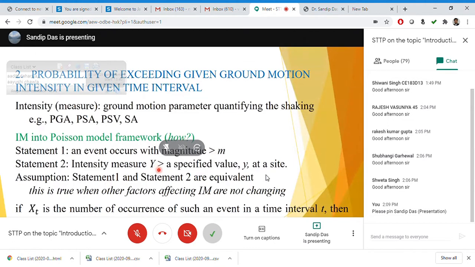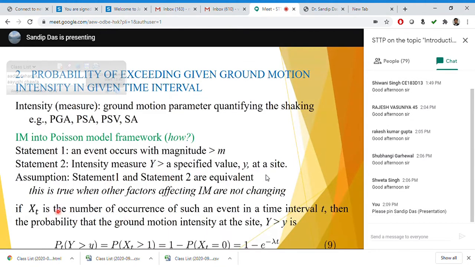So then we can use this equation 9 directly to get this intensity measure into a Poisson model. If X_t is the number of occurrences of such an event in a time interval t, then the probability that the ground motion intensity at the site will exceed a certain value is simply the probability that the number of events exceeding m is greater than or equal to 1.